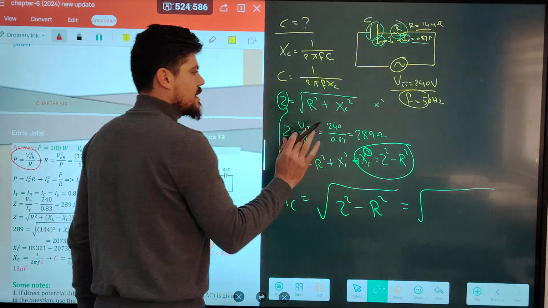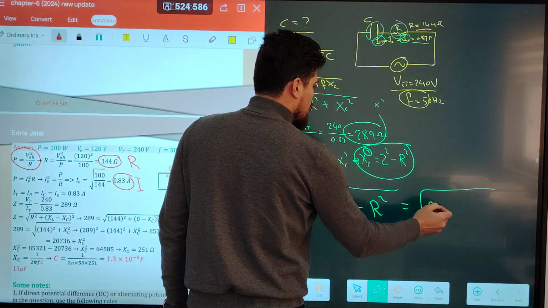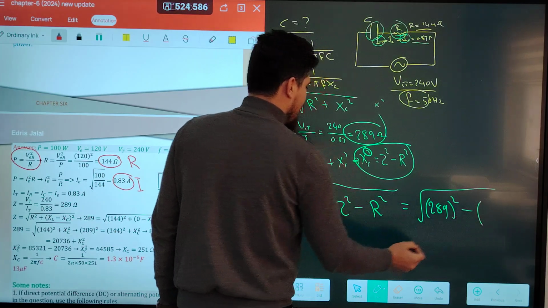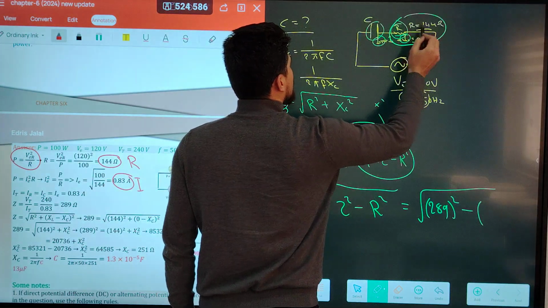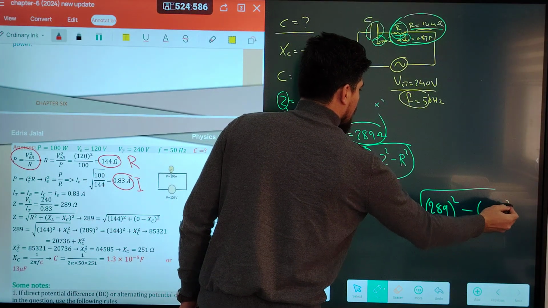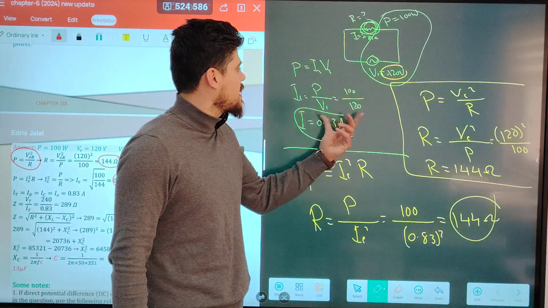Do we have Z? We didn't have it, but we found Z, 289, squared, minus, do we have R, the resistance? We didn't have resistance, but we found 144. Guys, how did we find resistance?